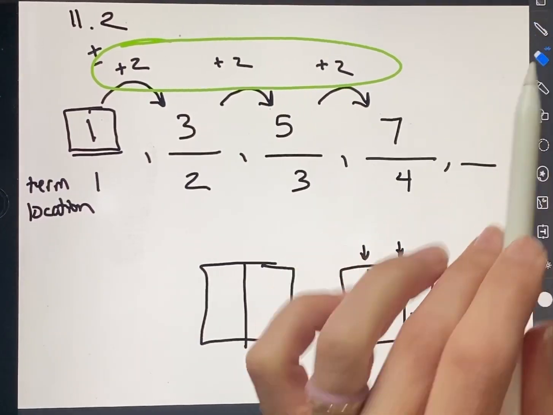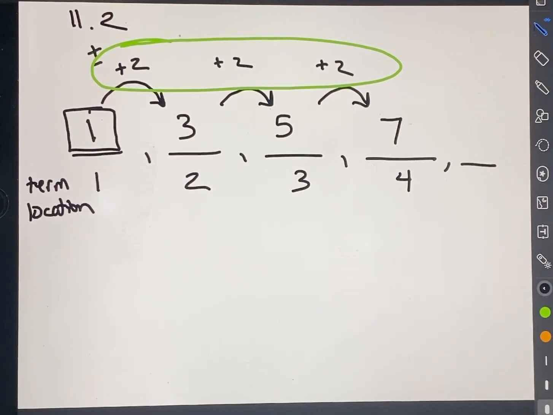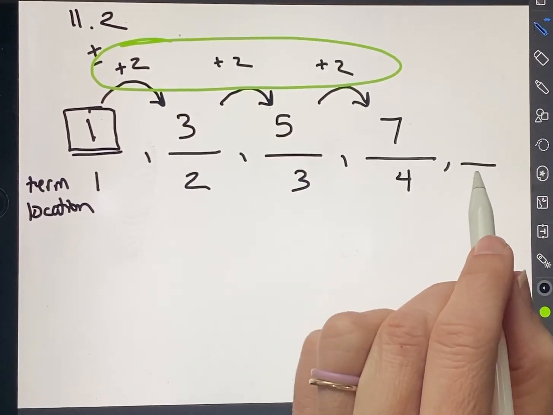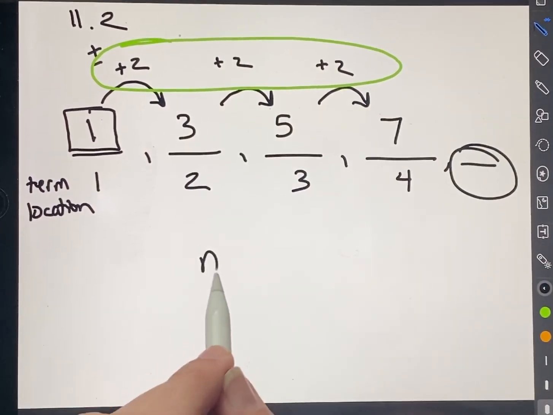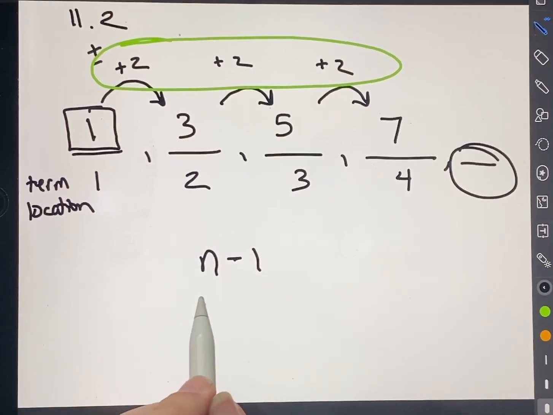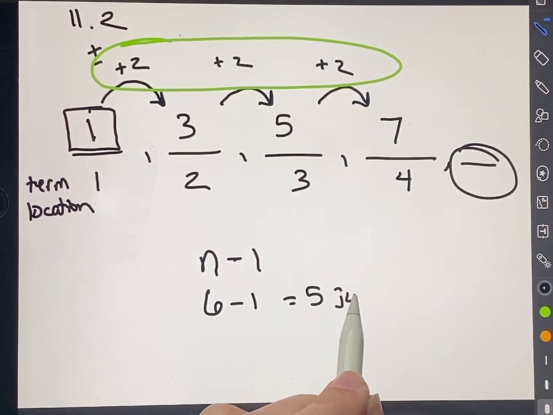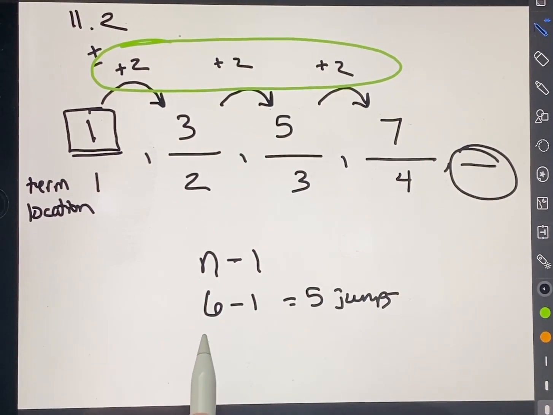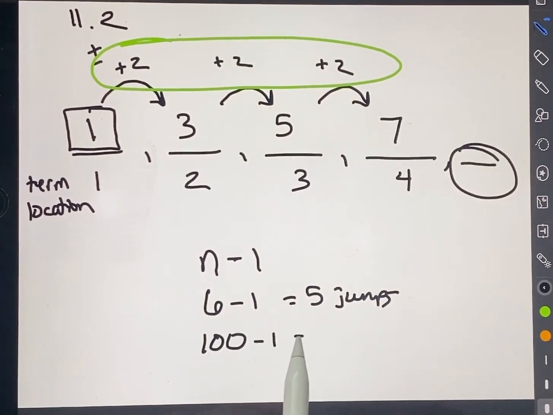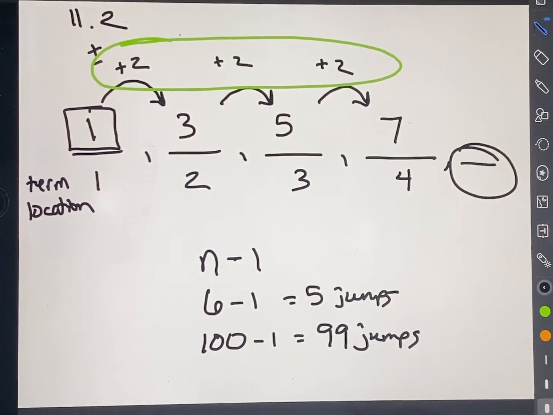So that's what we're doing with our jumps. Our jumps, the number of times that we jump, will always be equal to our end number, which we refer to as n, minus 1. So if we have 6 terms, 6 minus 1, we will have 5 jumps. If we have 100 terms, we're going to have 99 jumps.